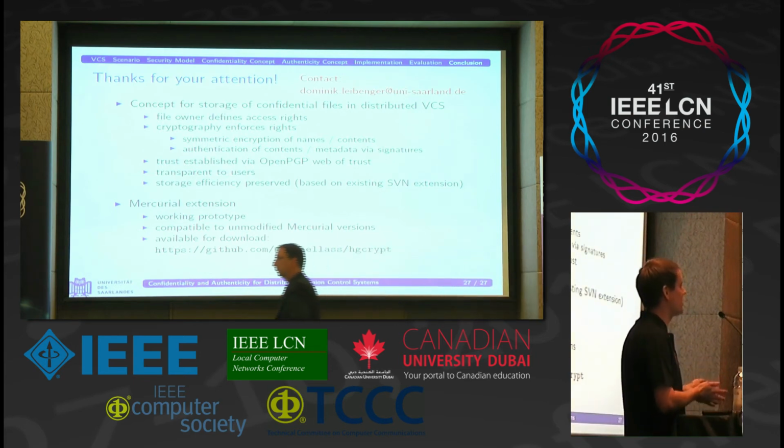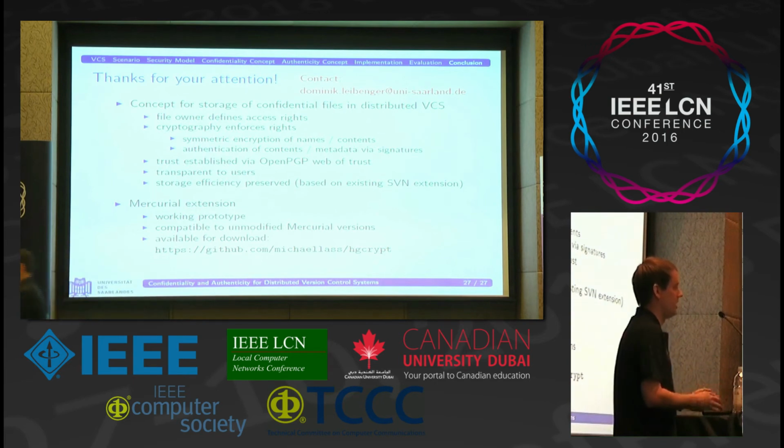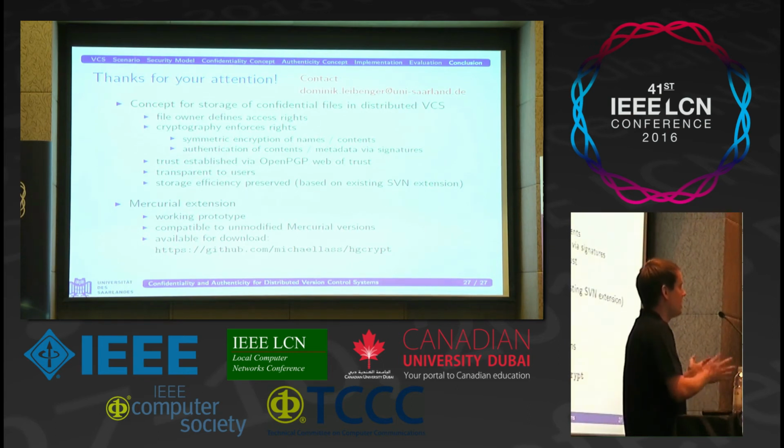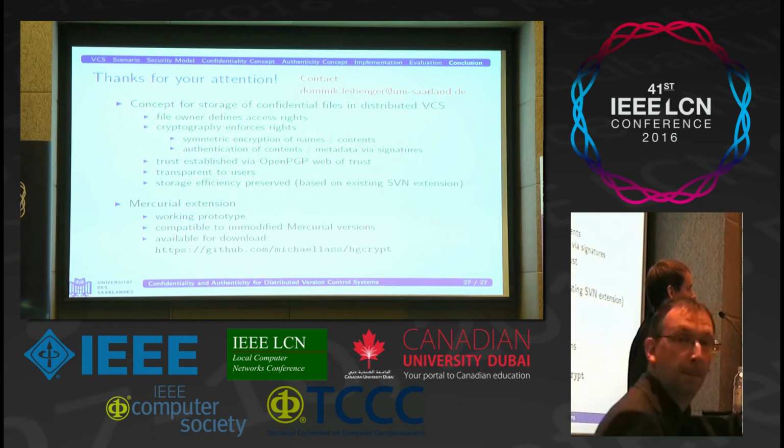So we, for example, could not modify access rights of confidential files or confidential file versions that are already committed to the repository, since we cannot change any information that is stored in the repository with respect to existing revisions. So does that answer your question?